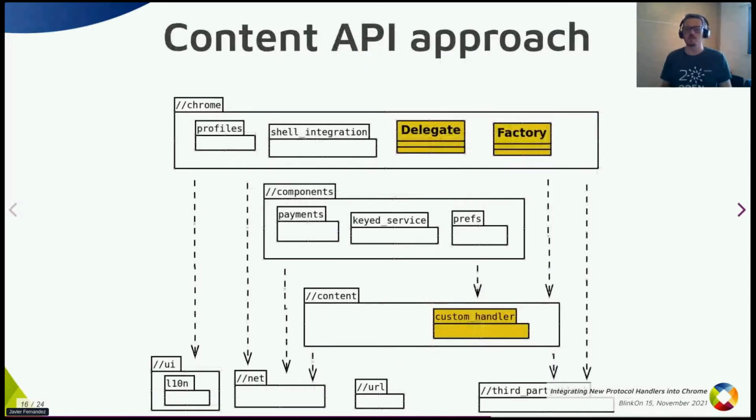The first approach, moving all this to a new content public API, has several challenges. The main one is that I couldn't find any way to solve the dependency with the keyed services from the content layer.